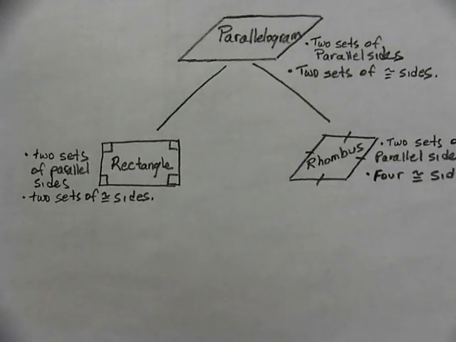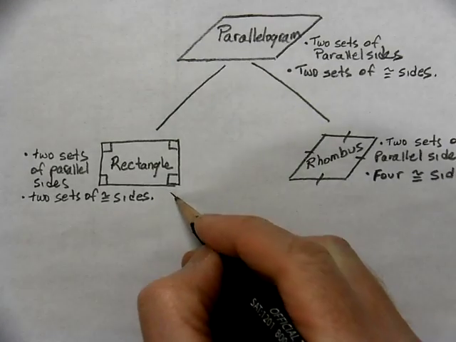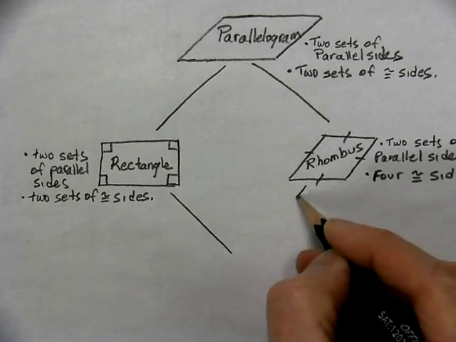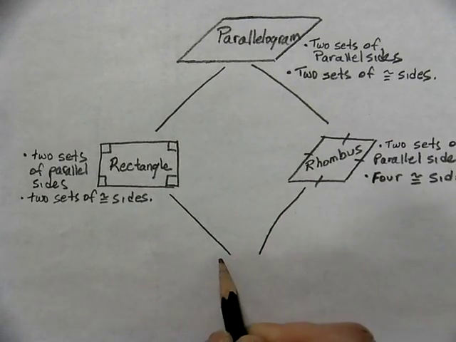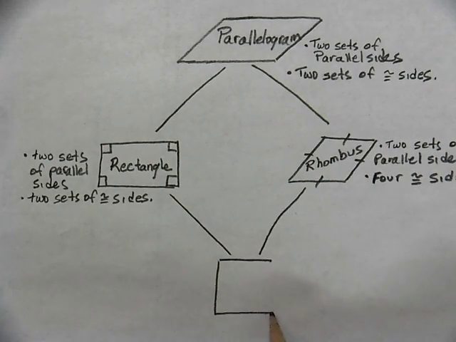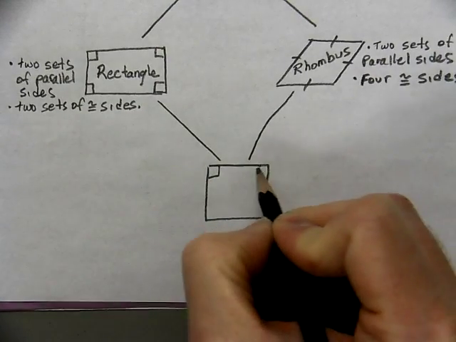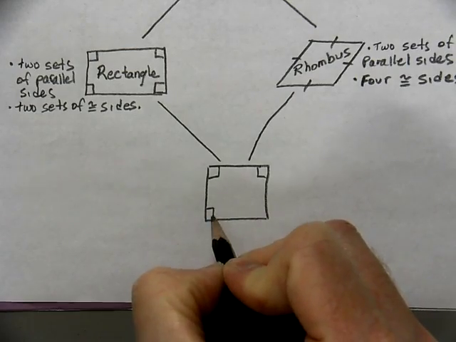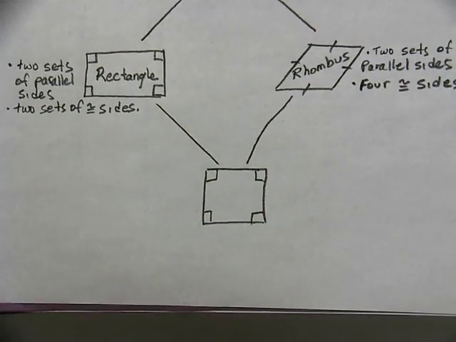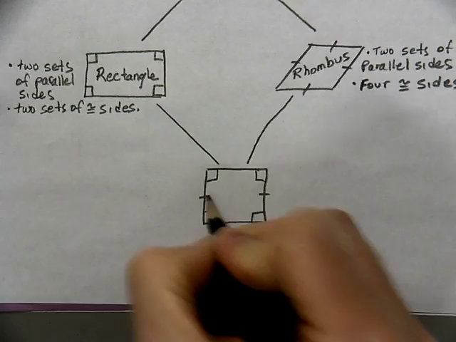Now, if you're a rectangle and a rhombus, then you are a square. Nothing wrong with that. So we have our rectangle property, and we have our rhombus property.